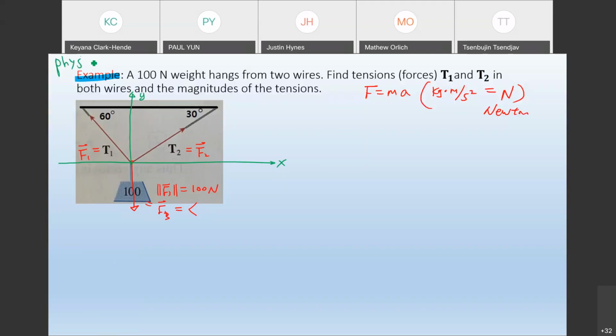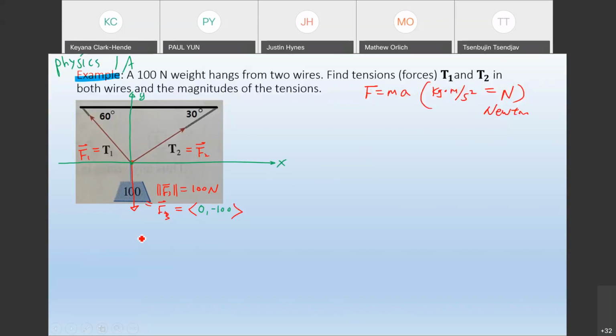So what is the coordinate for this guy? The x coordinate is 0, y equals 100. That makes sense, isn't it? It's going downward.